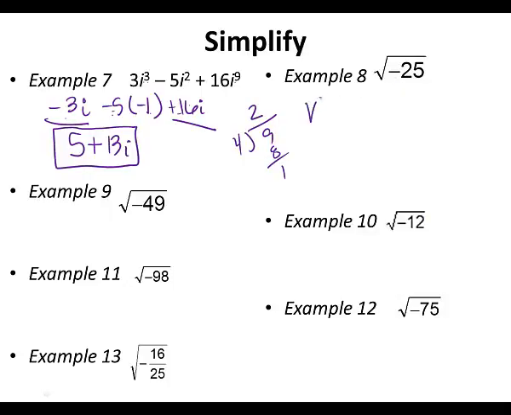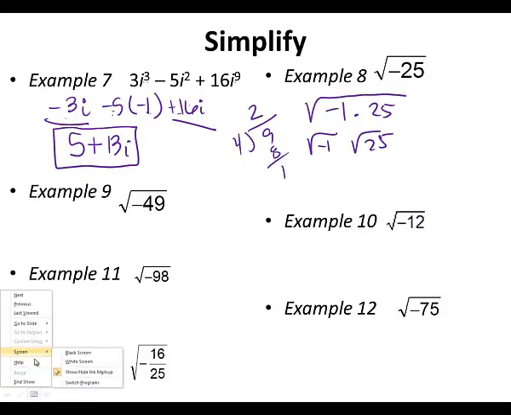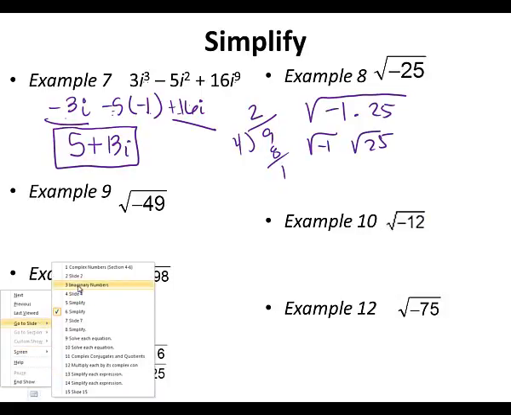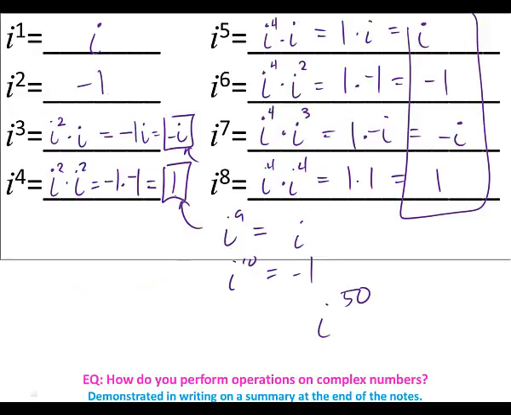All right, so I'm going to rewrite that as negative 1 times 25, or the square root of negative 1 times the square root of 25. Go back to what we had earlier on the first slide. Go to slide 2, okay?